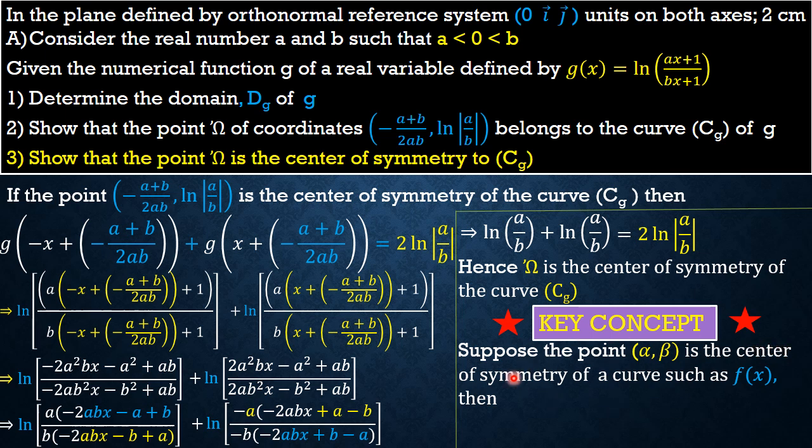Then most importantly, f of negative x plus alpha plus f of x plus alpha has to be the same as 2 beta. If you look at it carefully, you see that it is the same knowledge that we apply, right? The first point here is our alpha and the next point is our beta. So f of negative x plus alpha plus f of x plus alpha has to be the same as 2 beta.